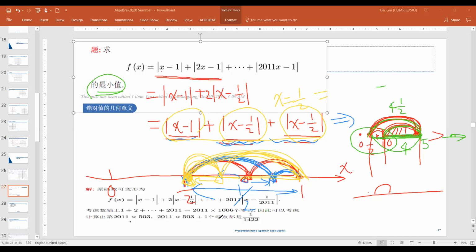So it means when x equals half, the function becomes the least distance. When we expand it, it means closer to the median one. So this is 1, and this is 1, and this is the median, right? So the closer to the median, the result is the least, the minimum one.